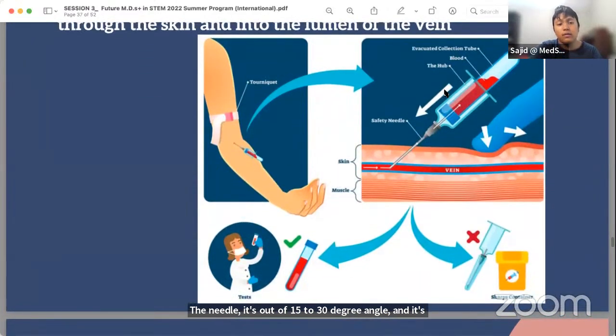And you can insert this into different layers of the skin. After you do that, you have to put it inside a container to avoid cross-contamination. Next slide.